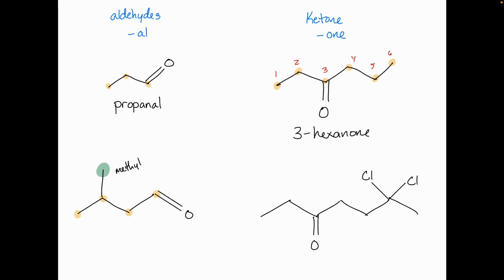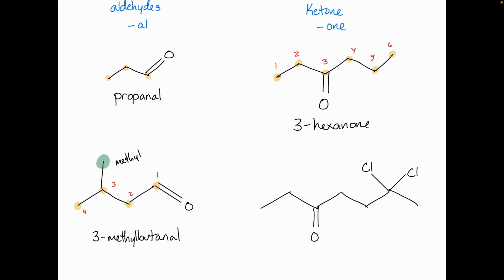So you've got to start counting from that aldehyde carbon. So 1, 2, 3. This would be 3-methylbutanal, because my parent chain is 4 carbons long.